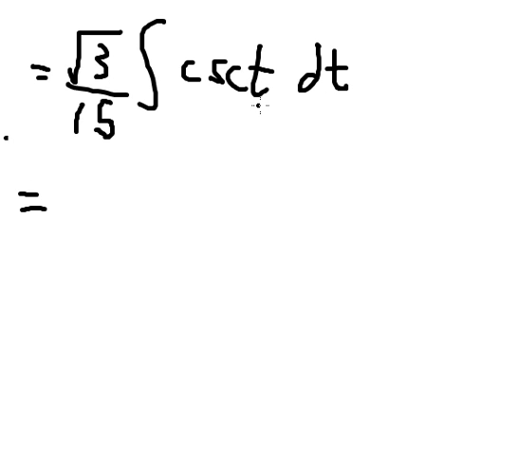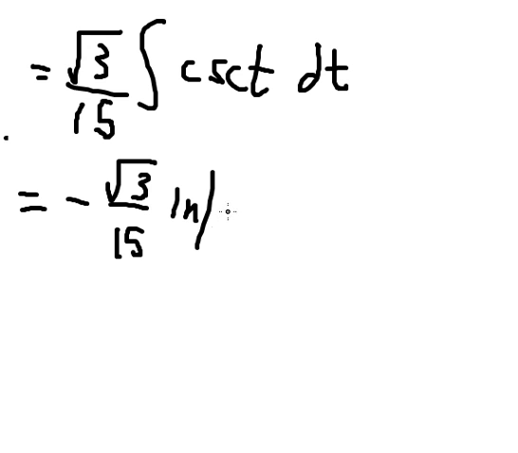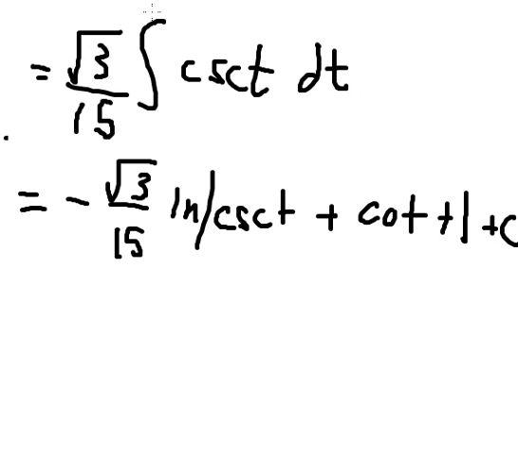The integration of cosecant of t, we have negative ln of the absolute value of cosecant of t plus cotangent t, and we put c.